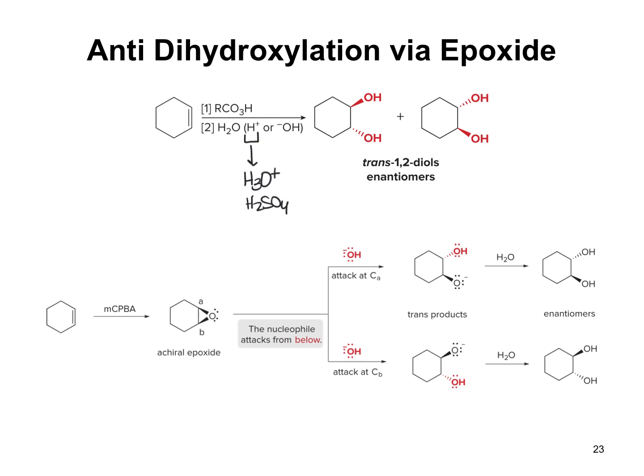And these are enantiomers. And the reason we see this is if we look at the mechanism, this goes through a normal epoxide mechanism here using MCPBA. Then we have a nucleophilic addition, and this nucleophile can attack from above or below kind of this oxygen here.